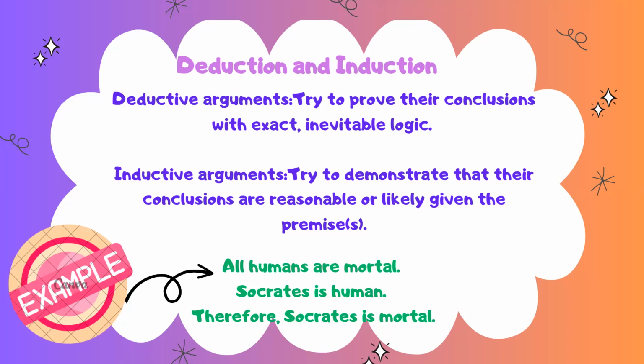Let's look at all humans are mortal. Socrates is human. Therefore, Socrates is mortal. As we can see, the argument's conclusion follows necessarily from the premises, and we see there is a path from general to specific. Let's move.